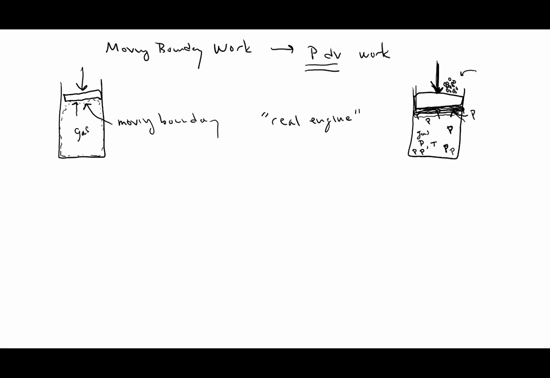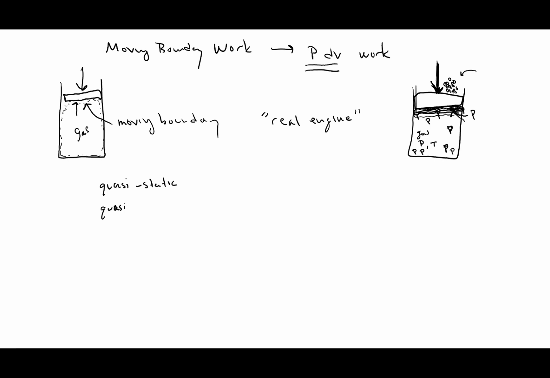In those engines, the boundary work is typically determined from direct measurements rather than from the mathematical relation we're going to discuss. The mathematical relation that we're going to discuss, the PdV work, requires a quasi-static or a quasi-equilibrium process.